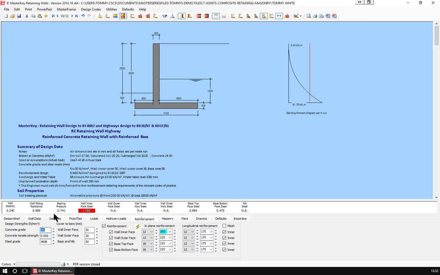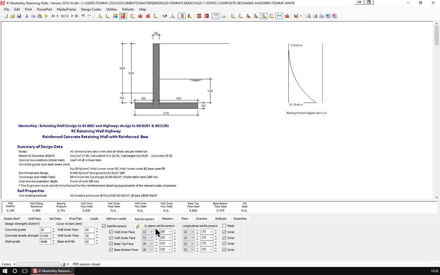So go to reinforcement and 12s, wrong way. Oh, fussy boy. 12s at 100, that's a wee bit much. What about 16s at 150? 16s at 200. Make those all 200s as well. Nice and neat.